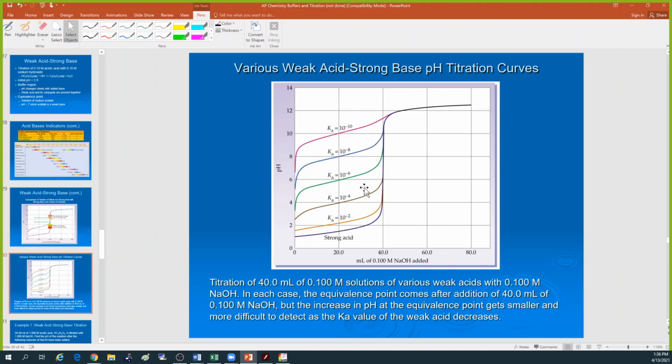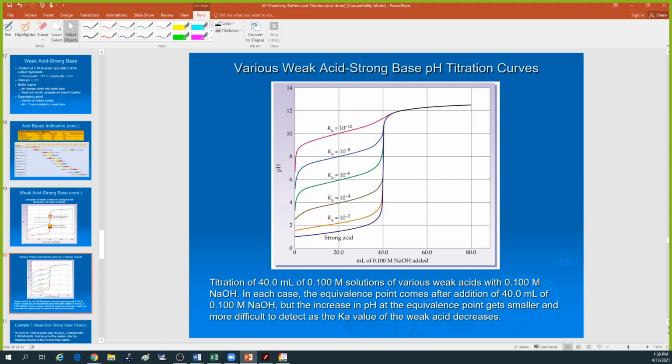I just think this is cool because it really shows it. So the weaker the acid, the higher the pH at which the equivalence point happens, which makes sense. Because if it's a weaker acid, it has a stronger conjugate base. And if it has a stronger conjugate base, then at the equivalence point, the pH will be even higher. So all of these things, again, connect to stuff we've already learned.